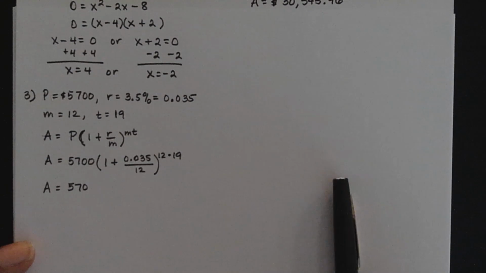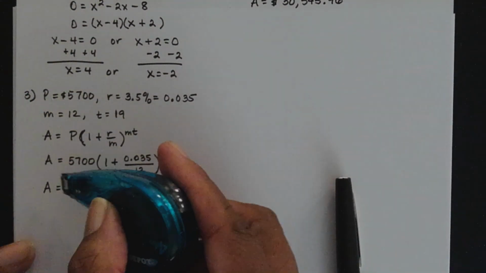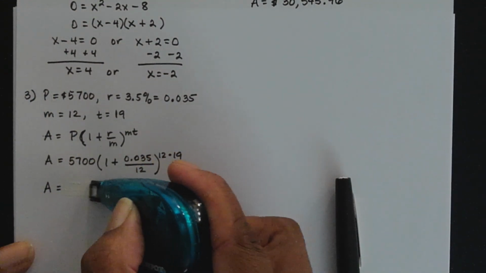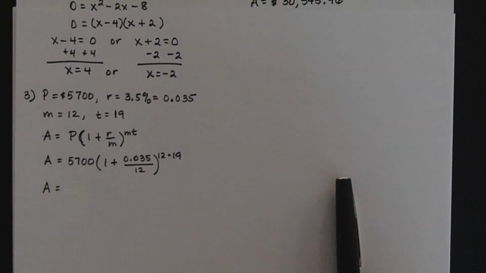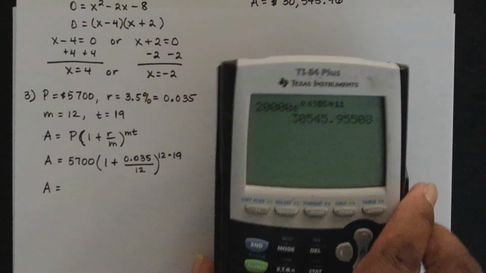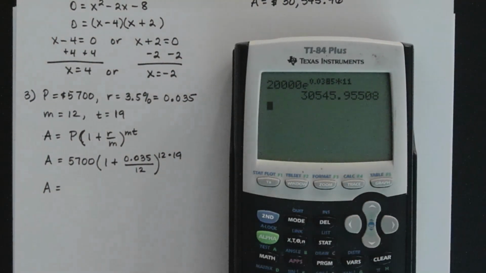Let's see. I think we can do all of this in the calculator. So here it is. We start with 5,700, and then left parentheses, 1 plus 0.035 divided by 12, and then close parentheses, and then press the hat key for the exponent, and type in 12 times 19.